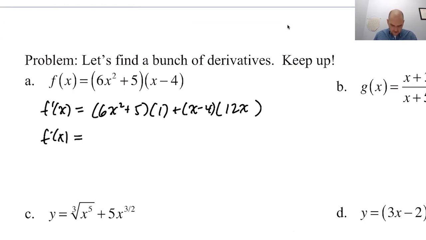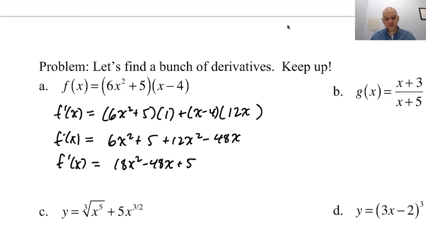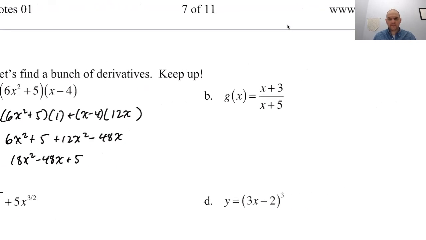So that's good. So you get 6x squared plus 5 plus 12x squared minus 48x. So f prime of x is 18x squared minus 48x plus 5. And it's not going to get better than that, so I'm going to leave that like that.